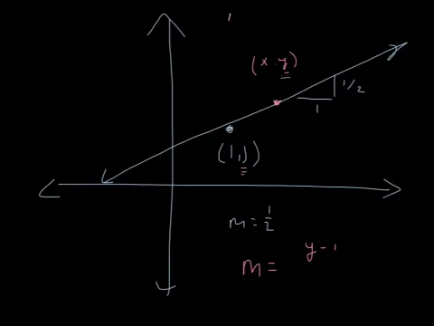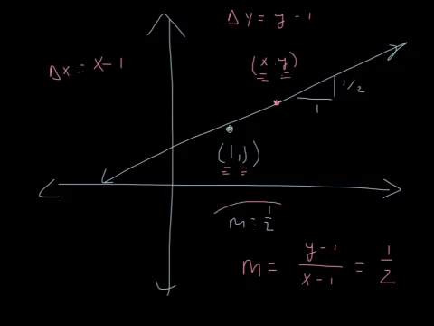So change in y would equal y minus 1. And the change in x, well, I started at x equals 1 and I finished at x, so my change in x would be x minus 1. And I know that this equals 1/2.